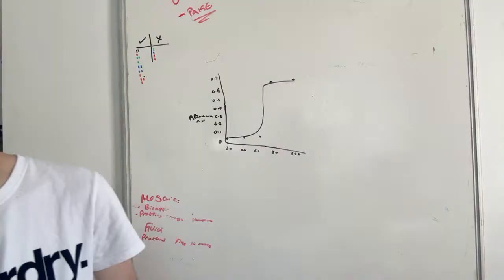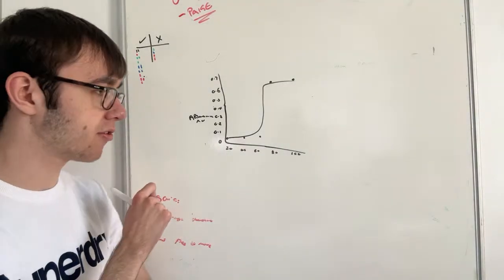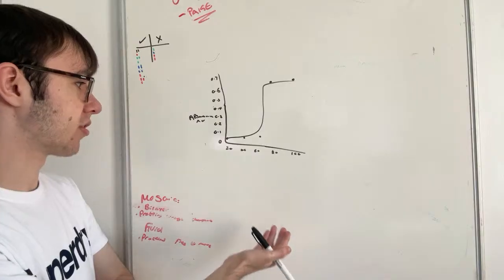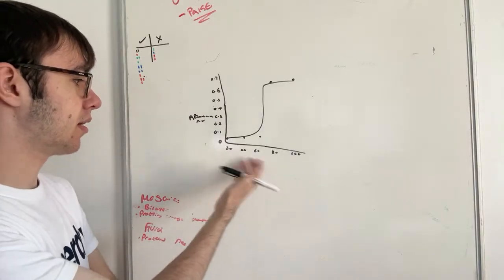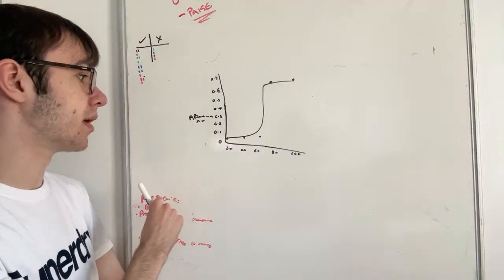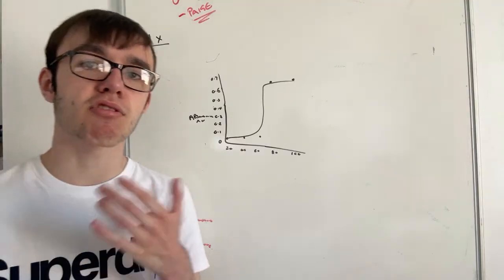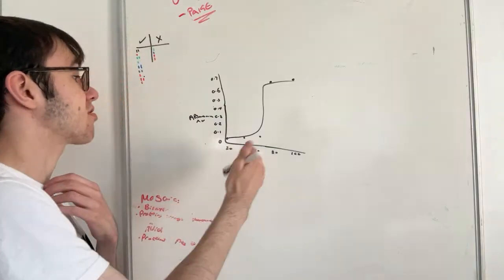So, it was saying explain the pattern. I would have said positive correlation. The greater the ethanol, the greater the absorbance. No, it was not asking you to explain the trend. It was saying explain, tell me why it's happening.